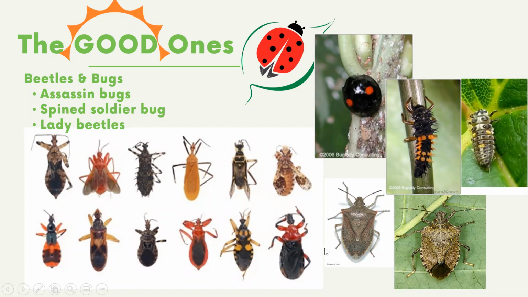Then over to the right of that, we have the lady beetle. Now, most of you know the picture of the lady beetle that has several spots on its back. That's what everybody's used to seeing, and it's red with black spots. Well, there are several different kinds of lady beetles.